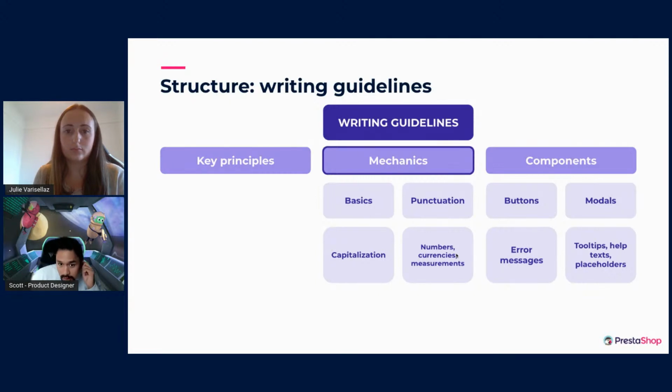So we will find different tabs about the basics, the punctuation, when to put a dot or a dash, or even about numbers, currency, measurements. Do we need to put the currency before or after the price, for example? You will find all those guidelines in this page.